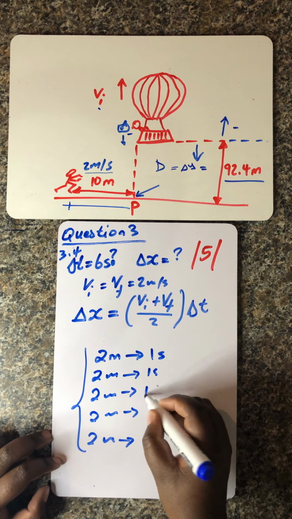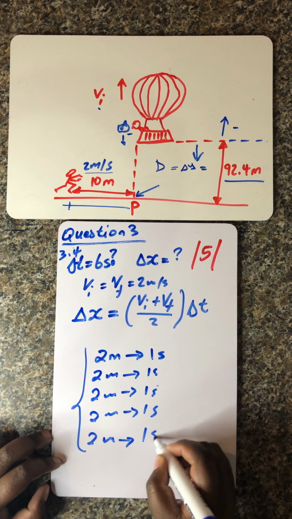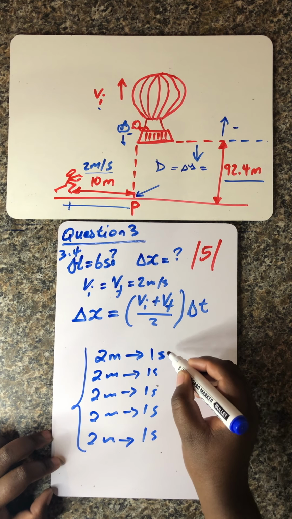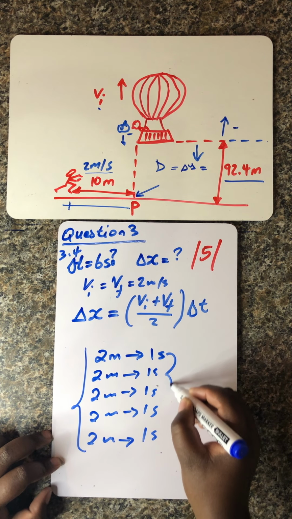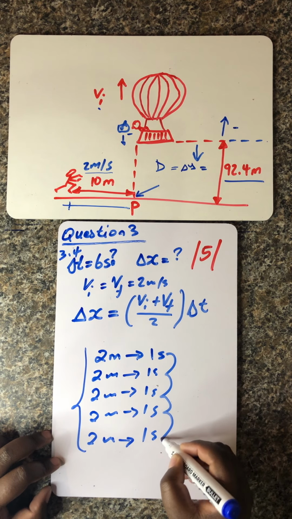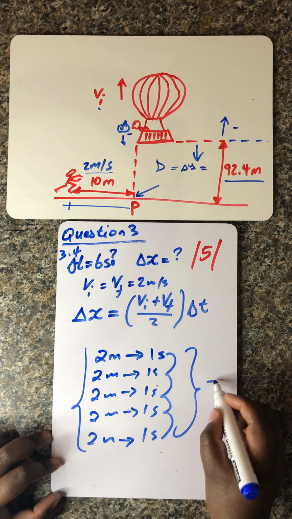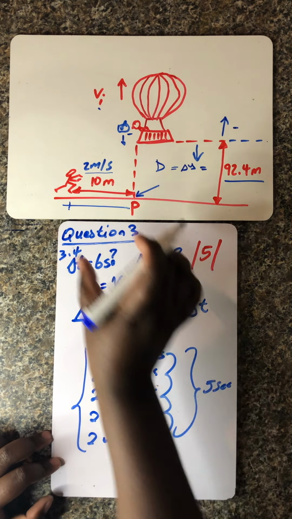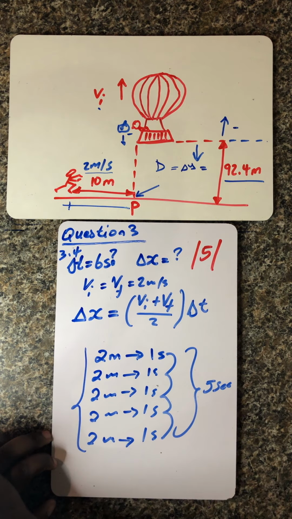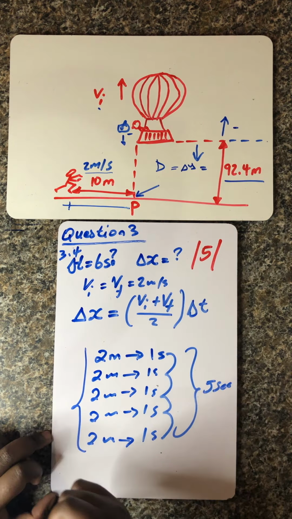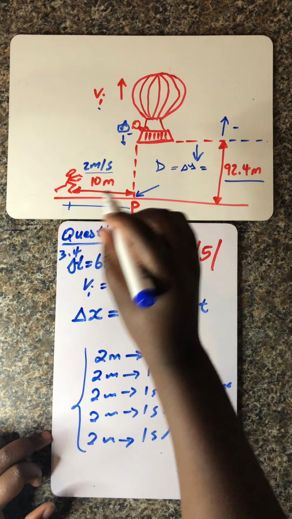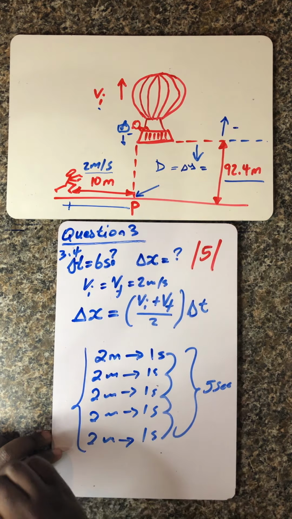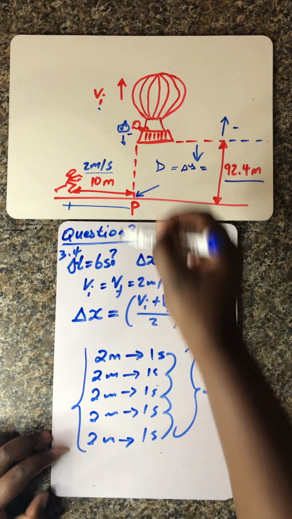So that is 1 second, 2 seconds, 3 seconds, 4 seconds, 5 seconds. He only needs 5 seconds to cover that 10 meters. So he will get there before the camera hits the ground, because by the time he gets there, the camera will still be somewhere in the air.